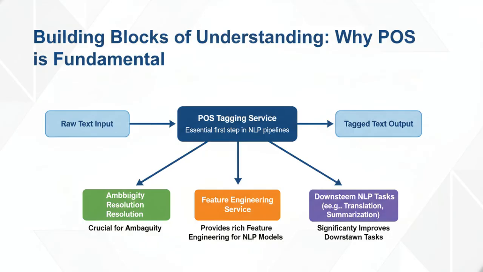It acts as a critical feature engineering step, providing rich grammatical context to subsequent, more complex machine learning models. Essentially, it's like teaching a child to recognize different types of words before they can construct grammatically correct sentences or comprehend complex texts. It significantly improves the performance of many downstream NLP tasks.